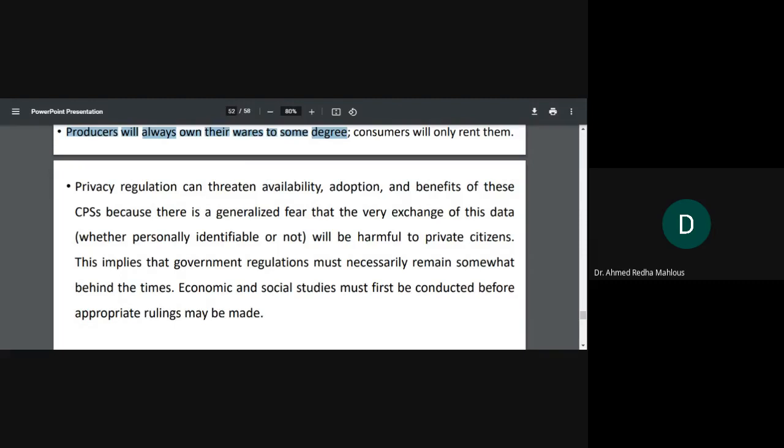This is one of the challenges that can be faced, because people will fear that if I cannot access the data, or if it is provided to a third party, it will harm the privacy of some people.